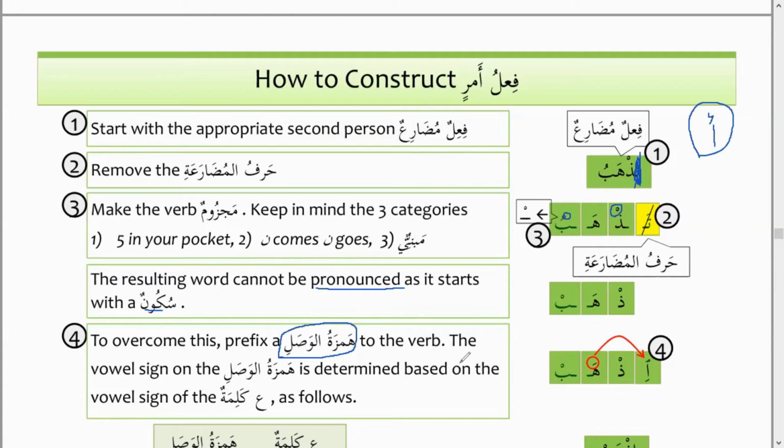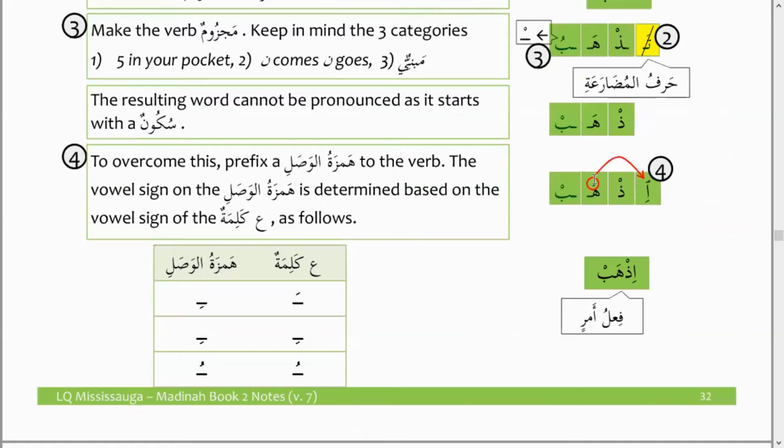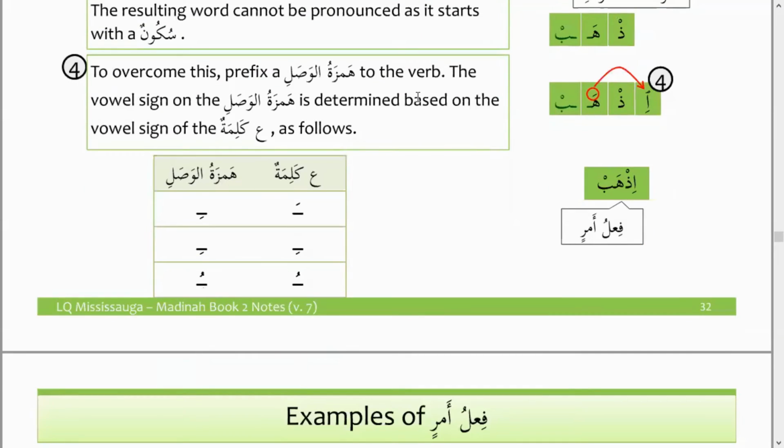And what vowel sign will we give it? We'll look at the ain kalima. What is the ain kalima? The middle letter. If it has a fatha or a kasra, we will give it kasra. If it has a dhamma, we will give it dhamma. That is the rule. For example, we have a fatha here. So izhab. Always remember, fail amr will never start with a fatha.